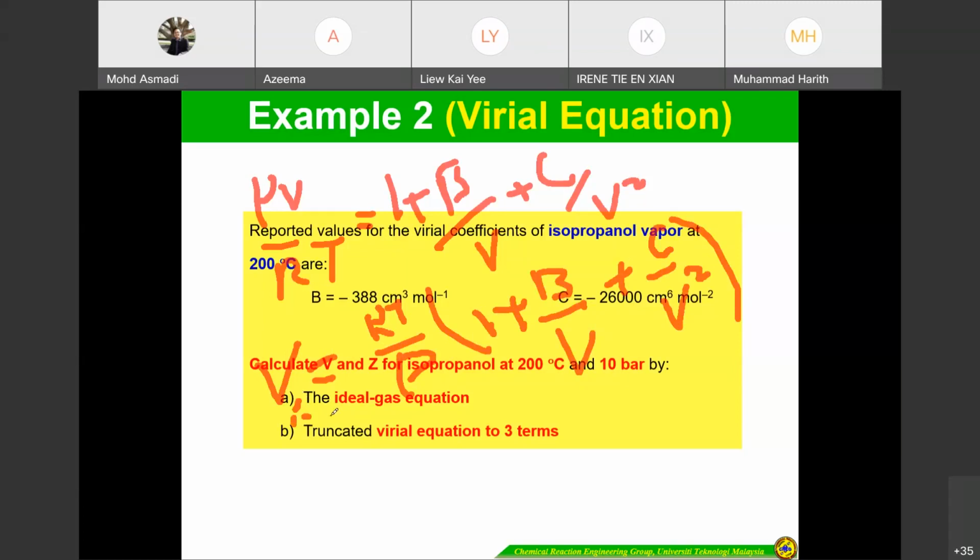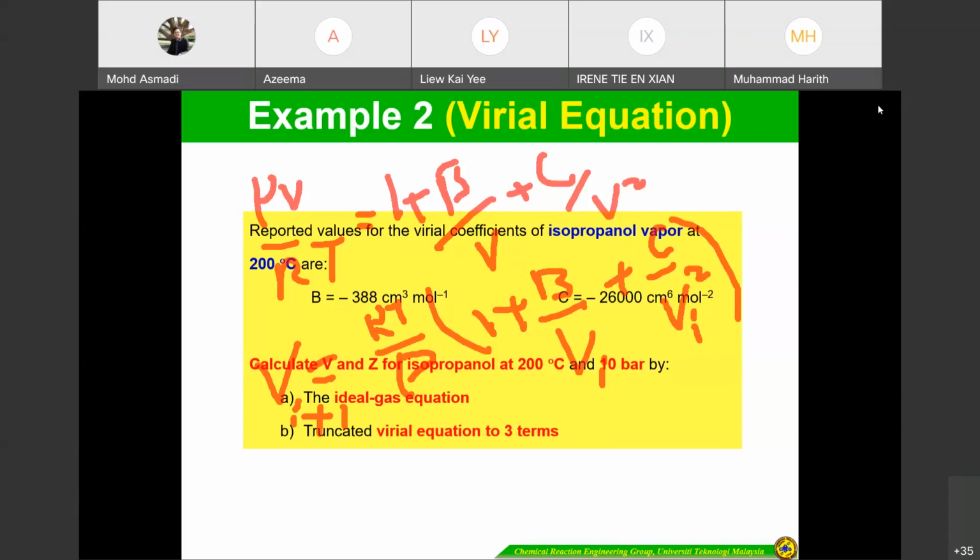If you still remember, you have to do the iteration: V at i plus 1 on one side, and Vi on the other. For the first iteration, you can guess the value of volume from the ideal gas equation.